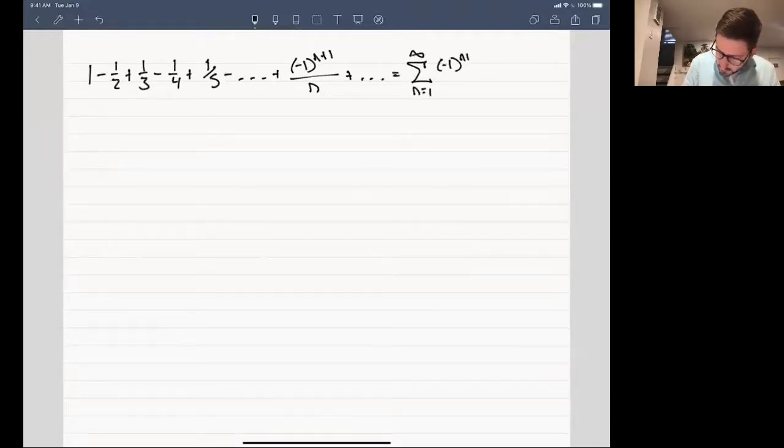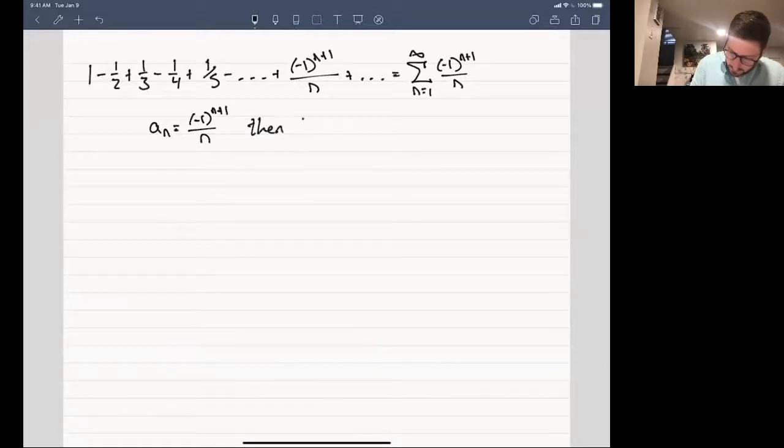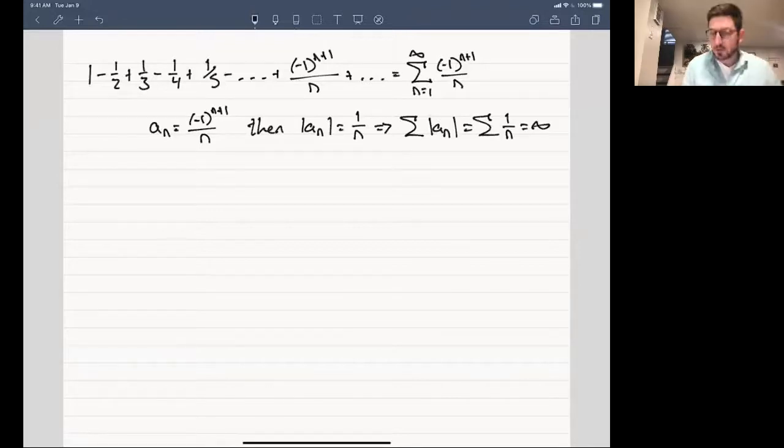Again, what I just said was that this thing does not converge absolutely, right? If you take a_n equal to (-1)^(n+1) divided by n, then the absolute value of a_n is equal to 1 over n, and the sum of the absolute values is just equal to the harmonic series, which we know goes to infinity.